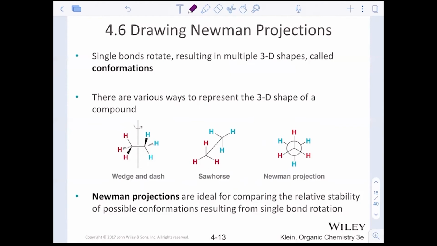But single bonds can rotate. That's because they are a direct overlap of an atomic orbital that has the ability to rotate around the axis in the middle. And so there are multiple 3D shapes that we call conformations. A conformation is just being able to rotate a structure to move some bonds around. It's the same molecule, it's just looking at it in a couple of different ways.